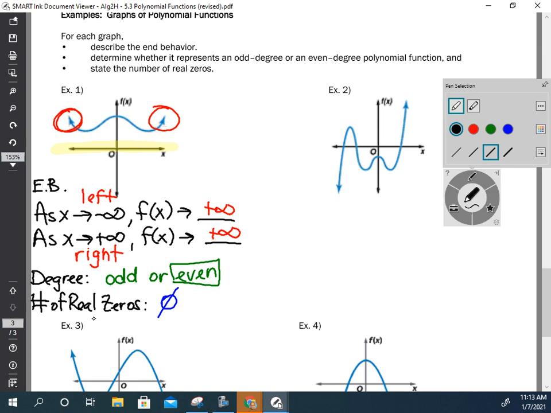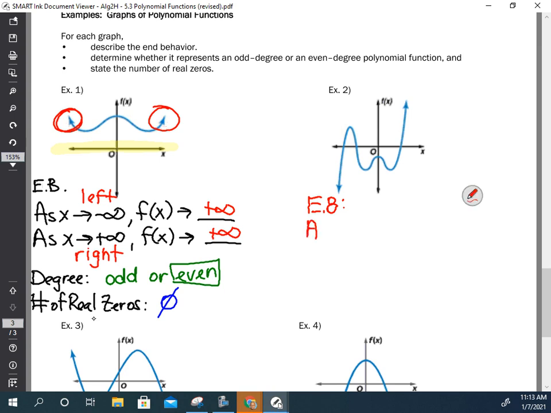All right, let's do example 2. Start the same way, end behavior. If you look at the graph on the left-hand side, what is it doing?